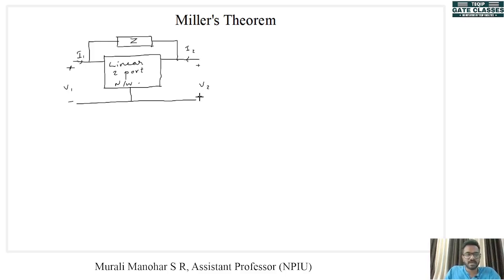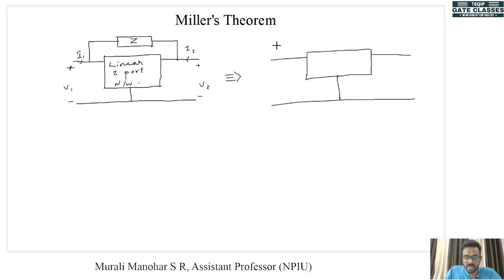Now Miller's theorem says that this circuit can be replaced by an equivalent circuit, and that equivalent circuit will look like this: a two-port network, and the impedance that was connecting input and output terminals can be split into two. Now this is Z1 and this is Z2.